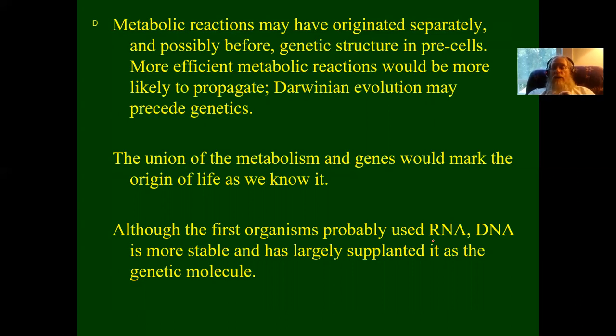And so that's probably being more efficient at faithfully storing genetic information, is probably why DNA has largely supplanted RNA, at least as the storage for the genetic information, even if RNA still does a lot in terms of actually exercising that information and making proteins.